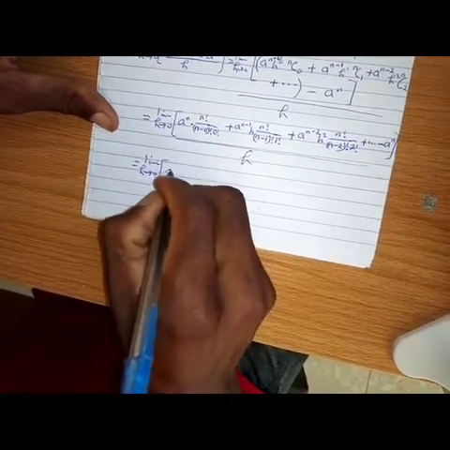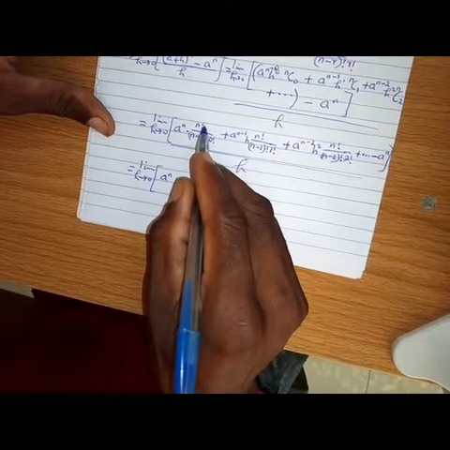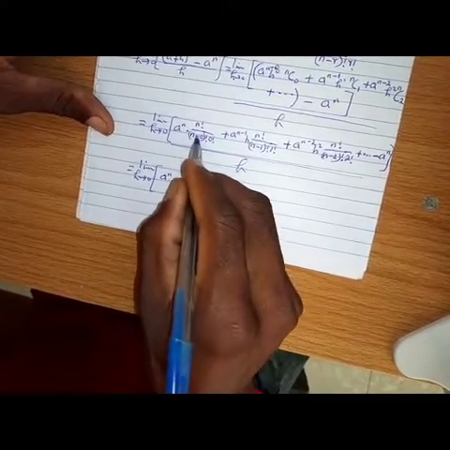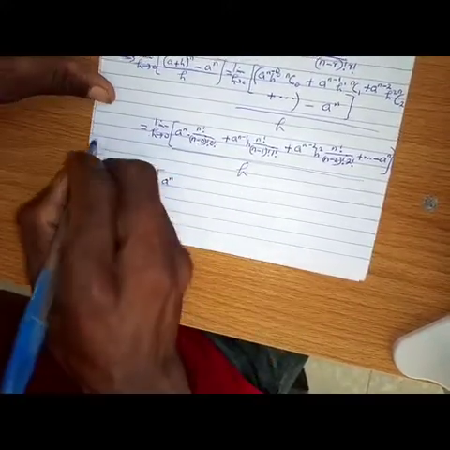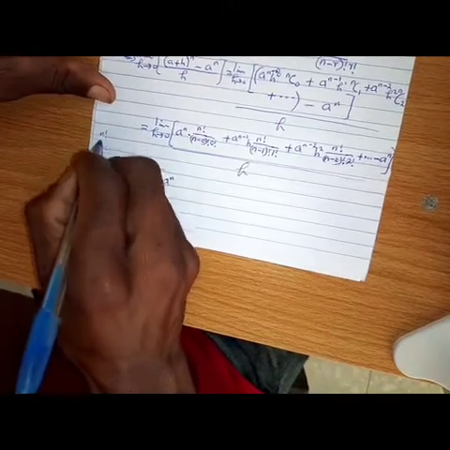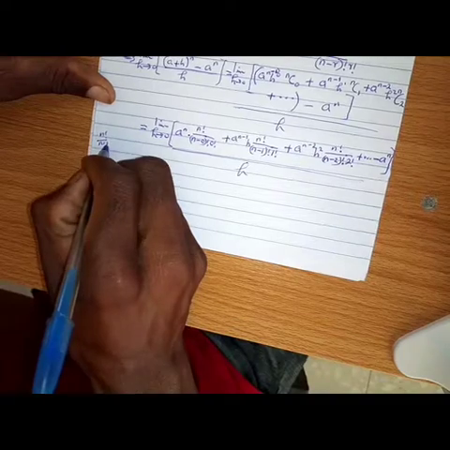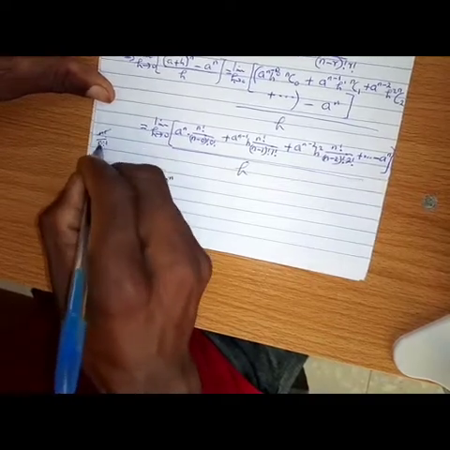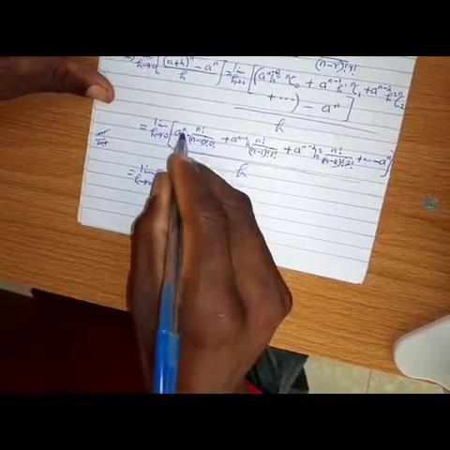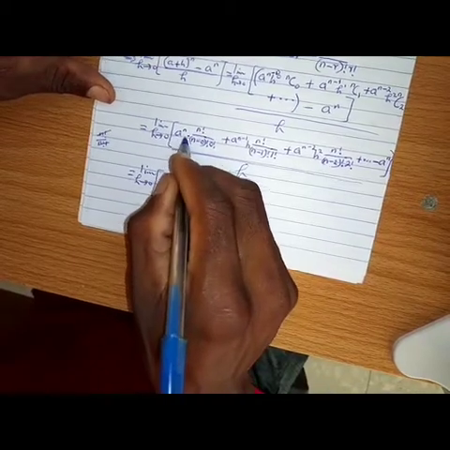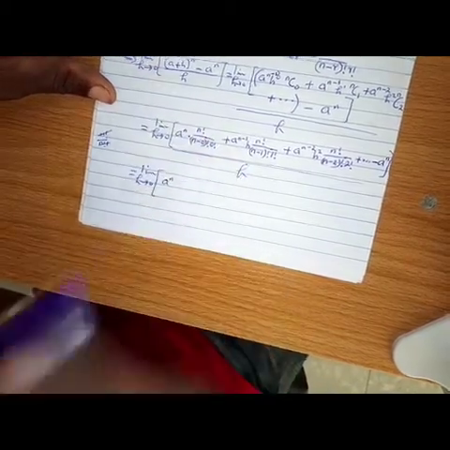You have a to the power of n, factorial divided by n minus 0 factorial, which will give you n factorial divided by n factorial. 0 factorial is 1, so the factorials cancel, and you are left with a to the power of n.